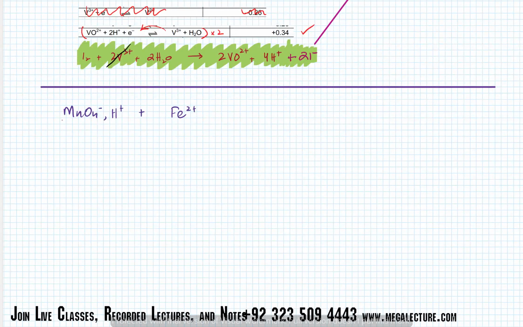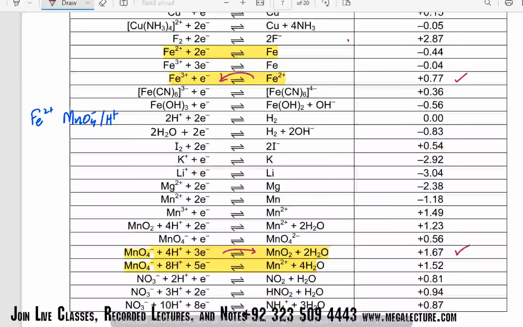So first reaction was Fe2 plus getting oxidized. So the first one is, and I think I have to multiply it by 3. ठीक है, वो उधर से copy कर लेते हैं. ठीक है, the electrons have to be balanced. So forget the other reactions. I'm just going to rub them off. This is gone. The bottom one is also gone. So it's just these two reactions. So Fe2 plus has to be multiplied by 3.